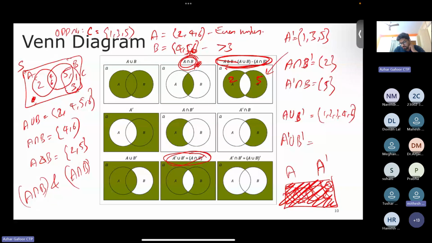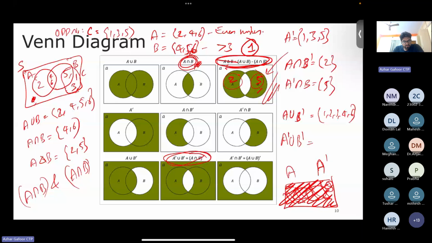Even though it is mutually exclusive, if we roll a die and get number 1 on the die face, that is not present in either of these events, 2 and 5. It's not 2, it's not 5, so it's not present in this Venn diagram. So it is mutually exclusive, but not exhaustive.